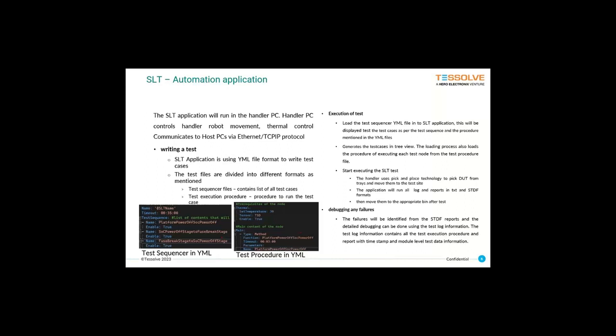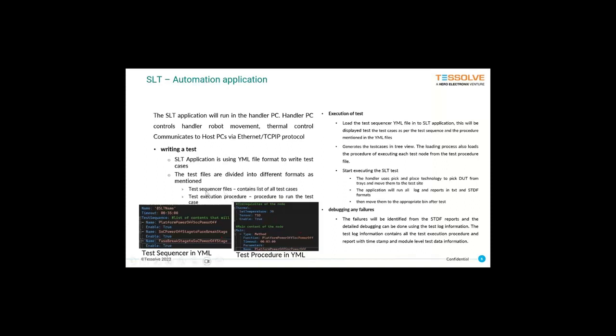We write the test cases for all the peripherals and all the boundary conditions, negative test cases, positive test cases, all the test cases. They are written module-wise, and we also write a sequencer defining in which sequence the test cases have to be executed. That is what we call the sequencer.